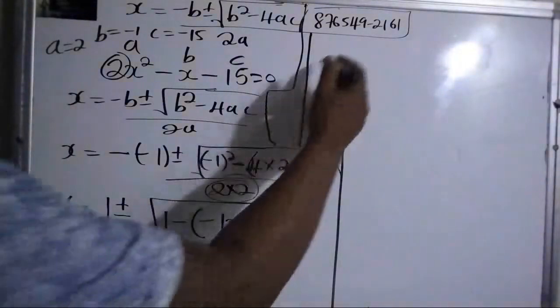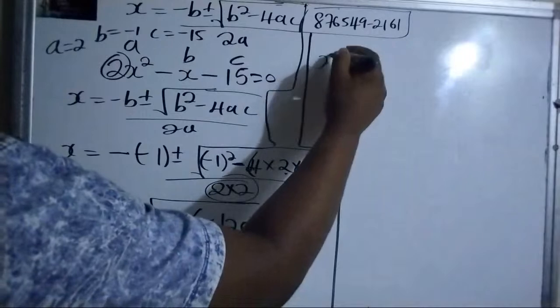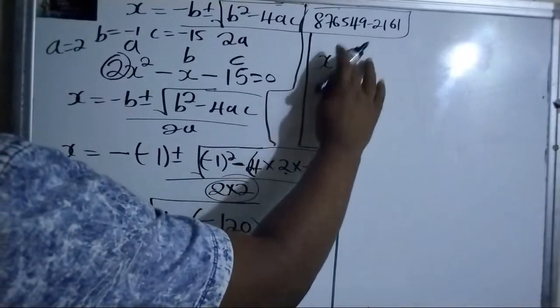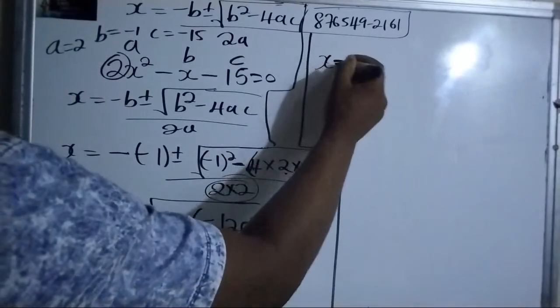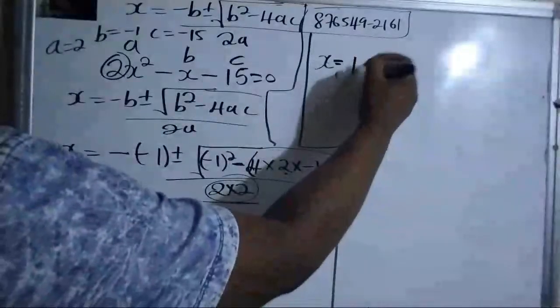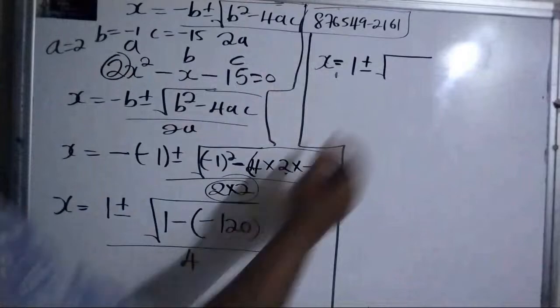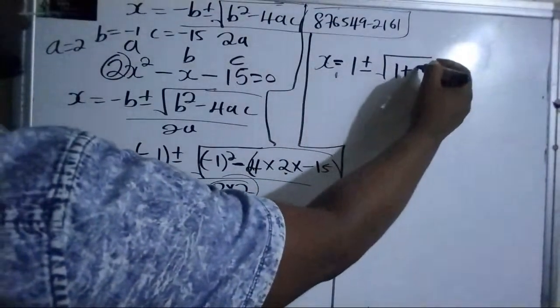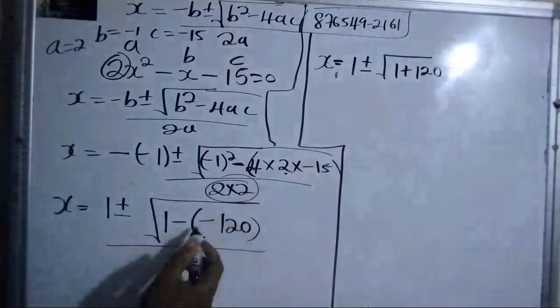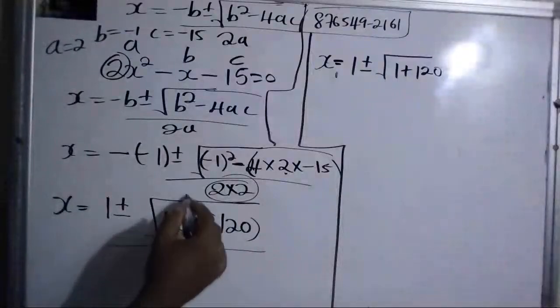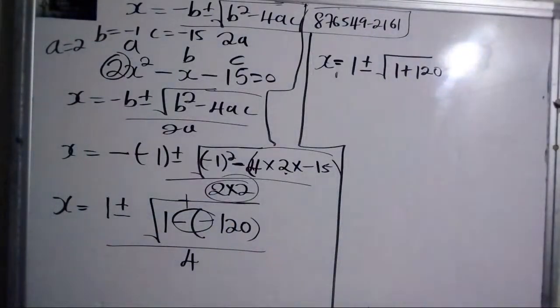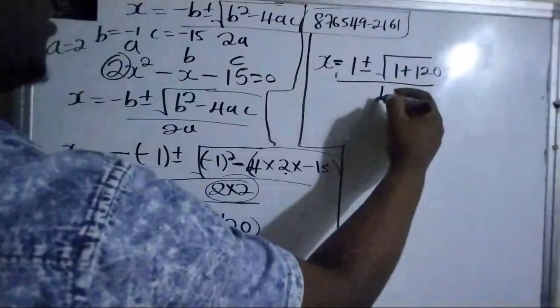Let us tidy it up now. Put back our 1 plus or minus. We're going to get 1 plus 120. These two negatives are going to become a positive. Two negatives together, and we divide by 4.